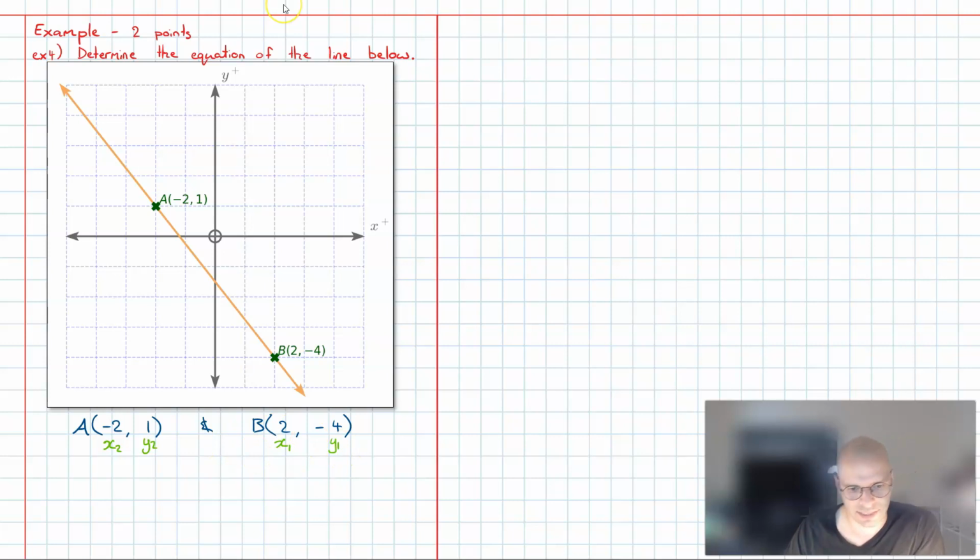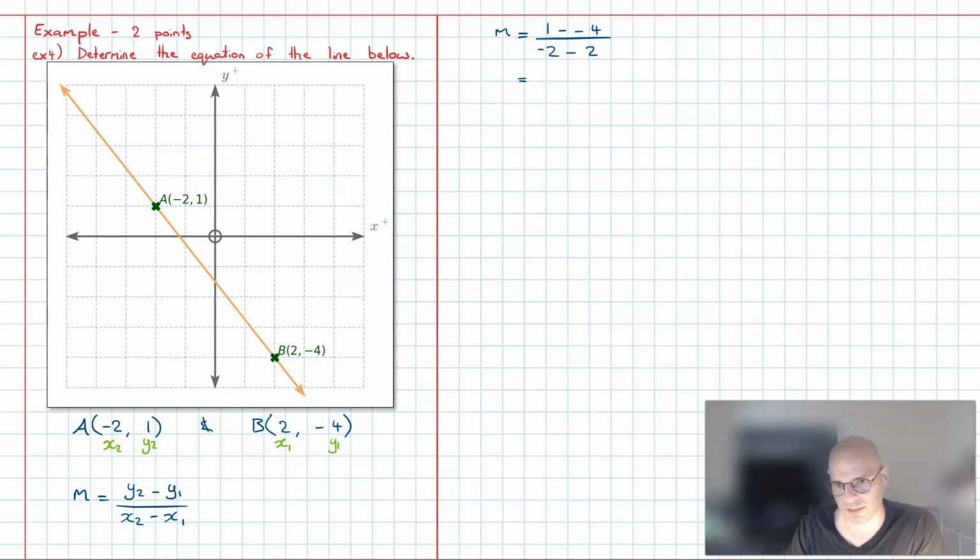Alright, calculating the gradient now. I know that my gradient is equal to y2 take y1 over x2 take x1. I'm going to sub in the values now. So my y2 is 1 take negative 4, all over negative 2 take 2.